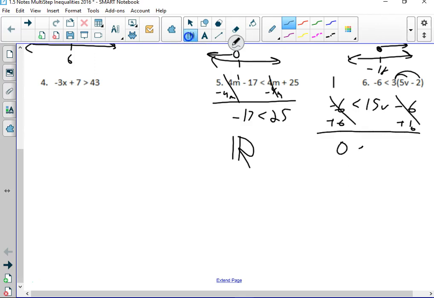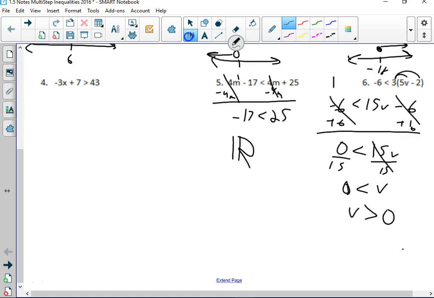And I get 0 less than 15v. I know people are like, oh, it's 0, so just stop. No, 0 is still a number. I still need to divide by 15. So 0 divided by 15 is 0, less than v, also known as v is greater than 0.